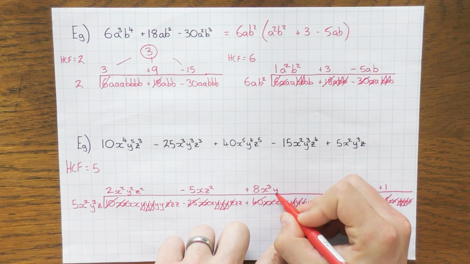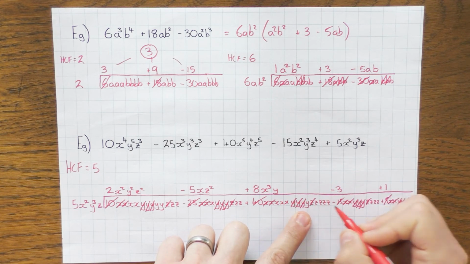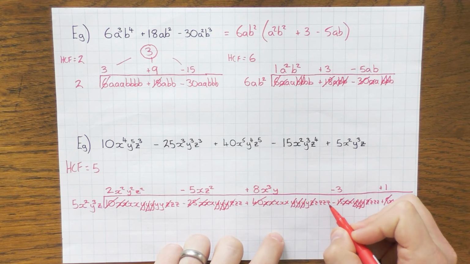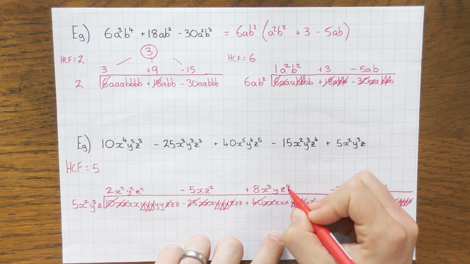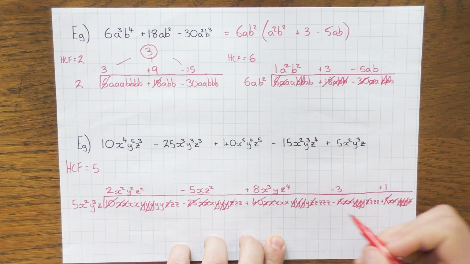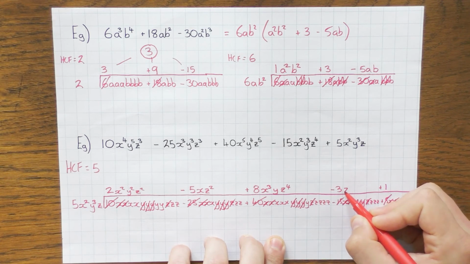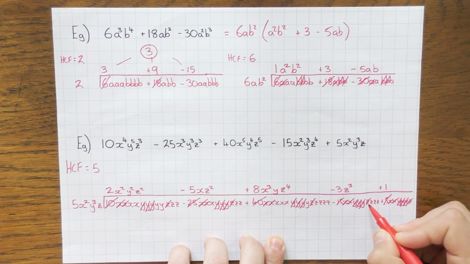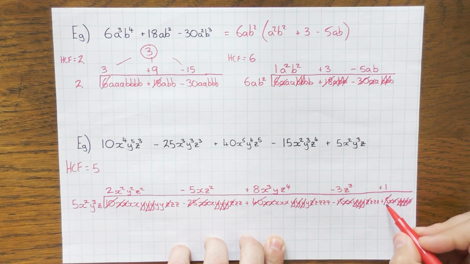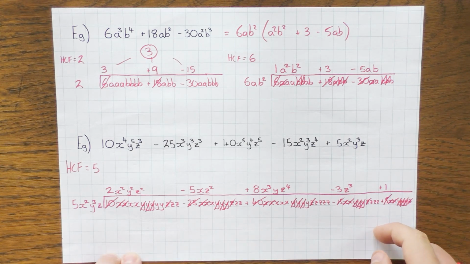Just a single y. And I've got 1, 2, 3, 4 z's, so z times z times z times z is z to the power of 4. And then that's that one done. No x's, no y's, just the 3 z's at the back there. So z times z times z is z cubed. And nothing is left here. Everything's been cancelled out, so I just leave that as plus 1.